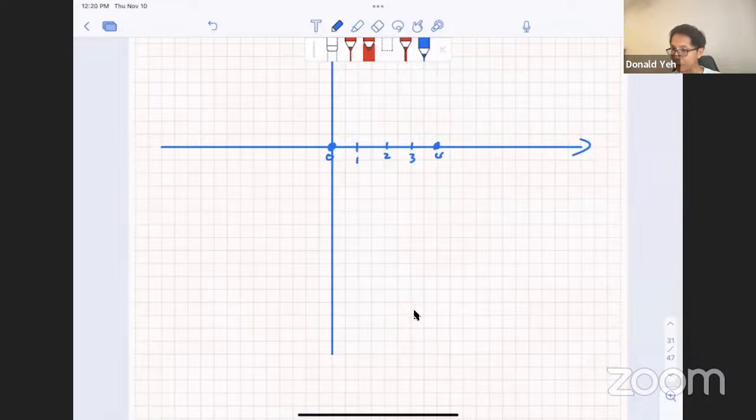I'll make each one 3. Each 2 is 3. Well, this one's 3, so this is 9, this is 18, and this is 27.